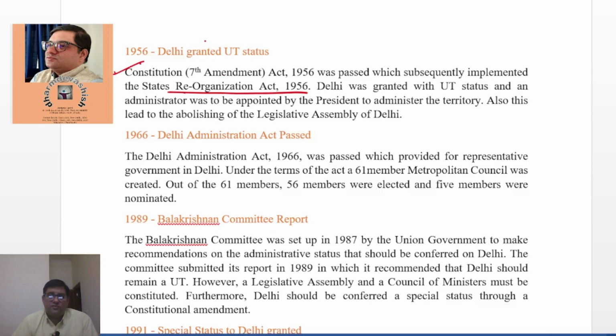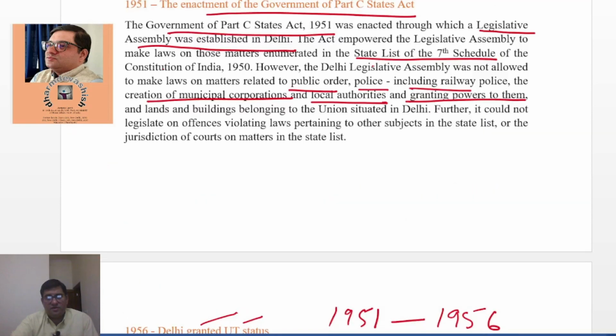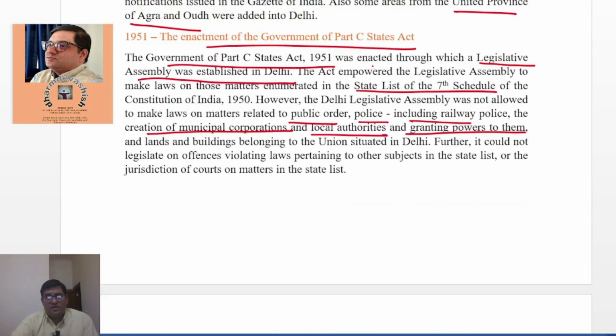The granting of UT status led to the abolishment of the Legislative Assembly of Delhi. So in the year 1951, this Legislative Assembly comes into picture, and it is concluded, or you can say the assembly is abolished, in the year 1956. If we roll back to the previous point, through the Government of Part C States Act 1951, the Legislative Assembly is created.